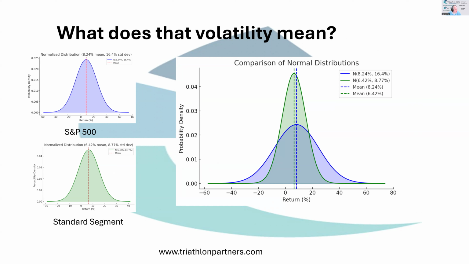And we have the same thing for the standard segment that we spoke about. But when I have the two separate graphs, the axes are different, so you can't really compare them. When I put them on the same axis, you see the green, which is the standard segment, has a much higher probability of coming to that mean, that average price, than the purple, which is more spread out.